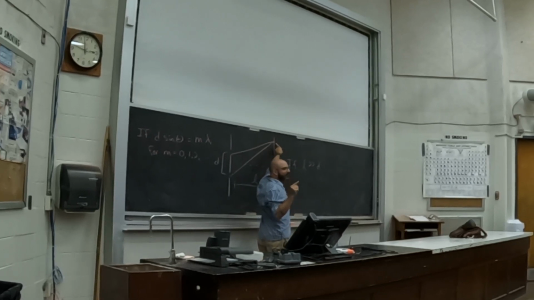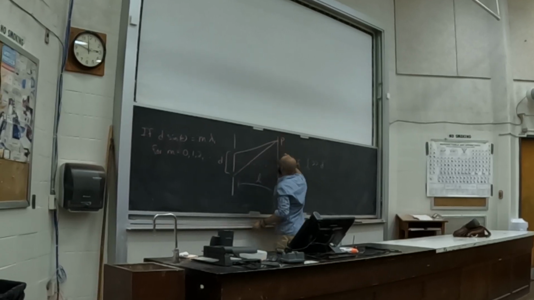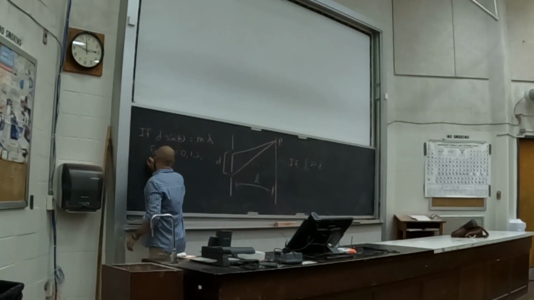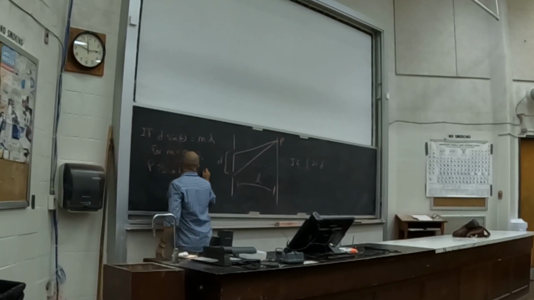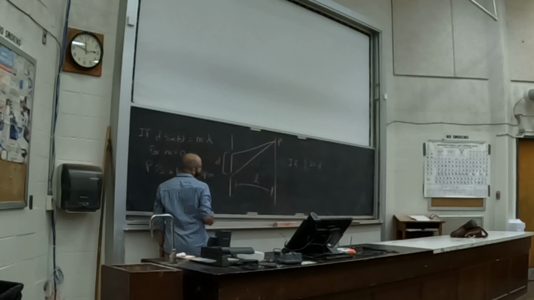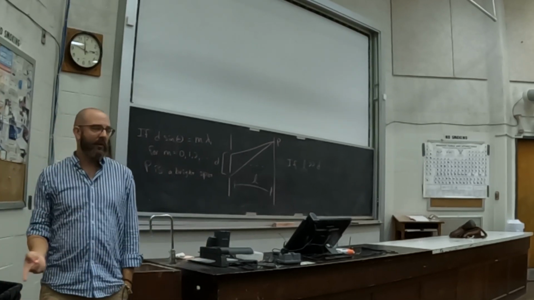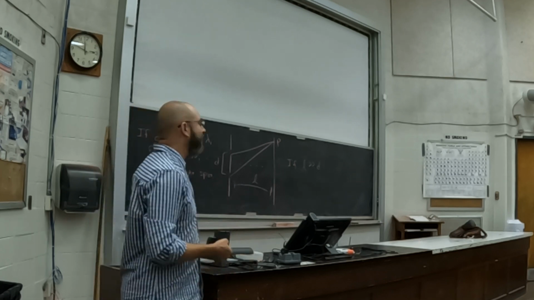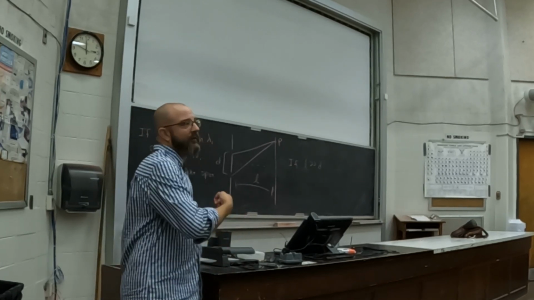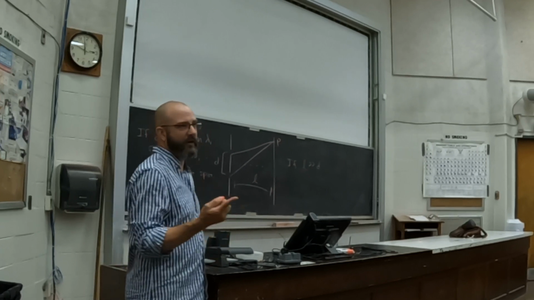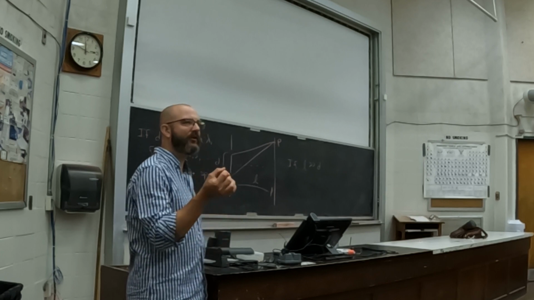This is constructive interference. I'll put point P. P is a bright spot. In other words, if the path length difference is equal to lambda or 2 lambda or 3 lambda or even 0 lambda, it's not, but it could be, then that's a bright spot. That's where I get constructive interference.